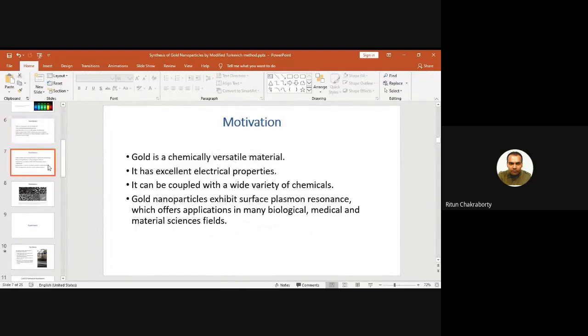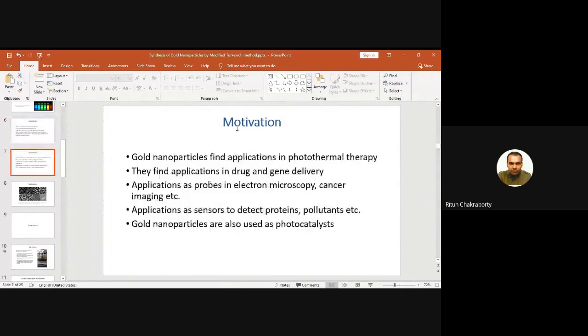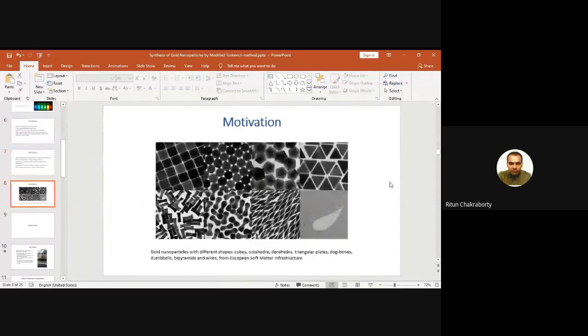Then another slide you can see. This is also coming under the motivation part. So you see these are the gold nanoparticles of various shapes. These are like cubes. These are like hexagons. These are like, I don't know, pentagons, or triangular.